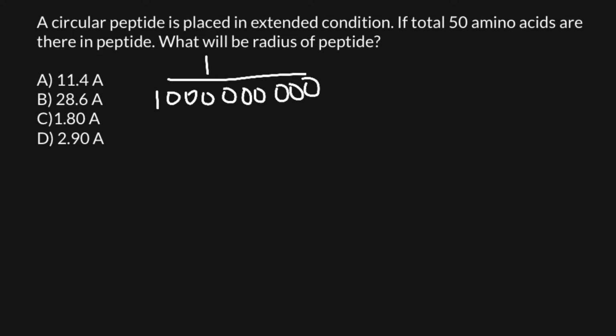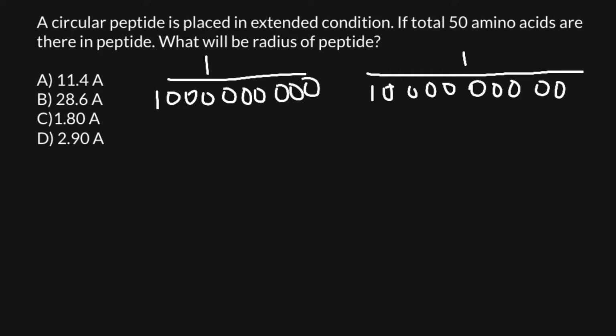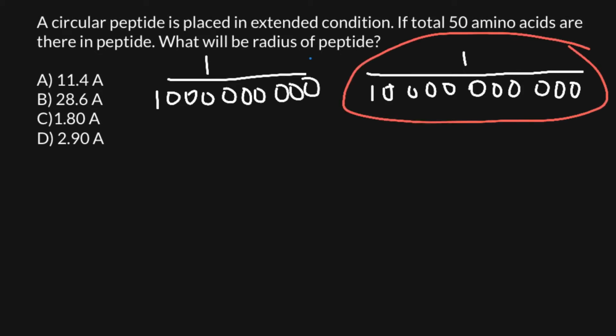And 1 angstrom is a number that is 10 times smaller than a nanometer. So we have to add another 0. So 1 divided by 10 billion. So this is going to be an angstrom, and this is going to be a nanometer.